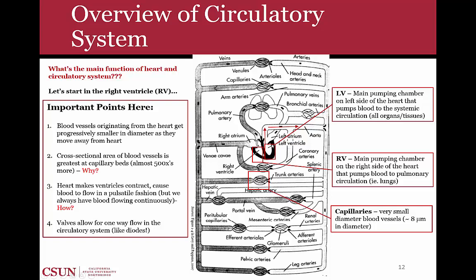It pumps blood to the aorta, which gets split off and goes to the head, but also to the systemic organs, like the kidneys, the liver, basically all of the blood vessels in our extremities. And then they get smaller and smaller and turn into what are called arterioles.